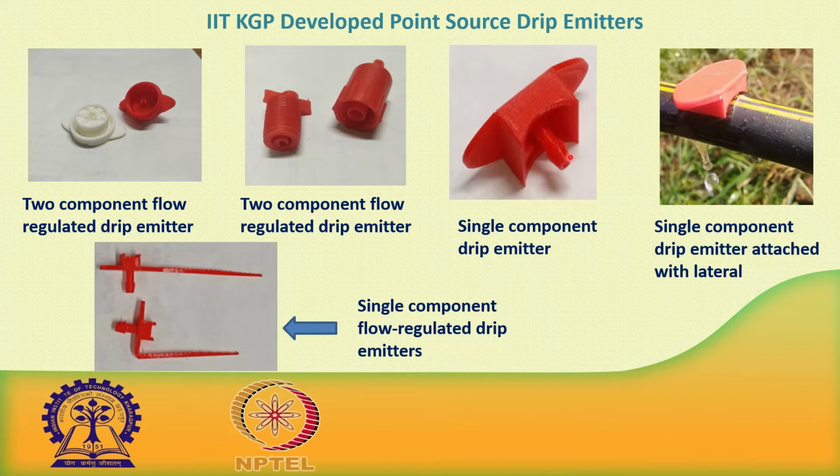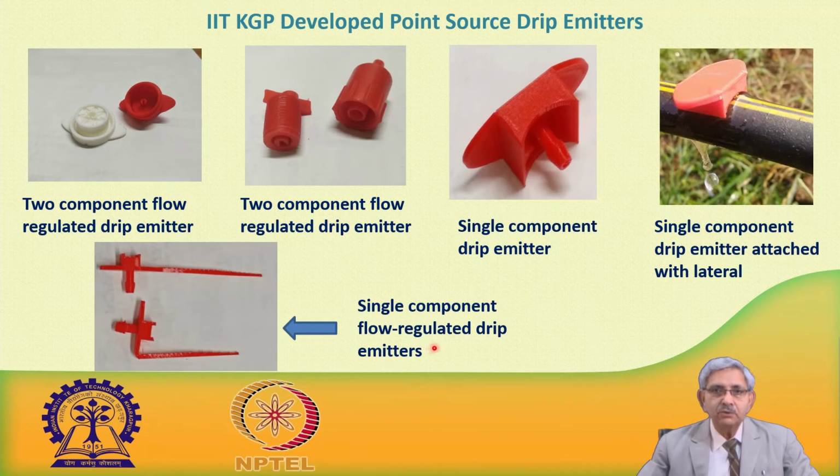When this dripper is fitted on a lateral pipeline, it looks like this, and the water appears in the form of droplets. This is the arrangement, and the improvement which we have brought reduces the total material.